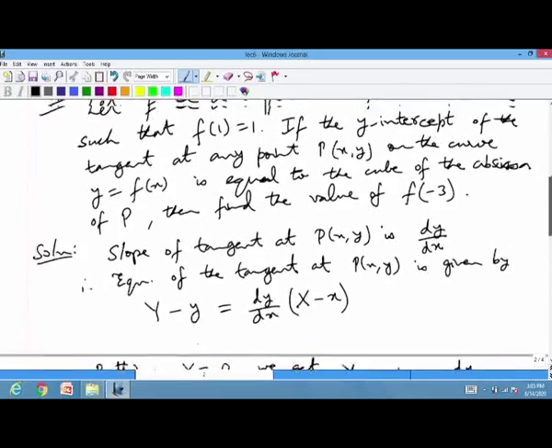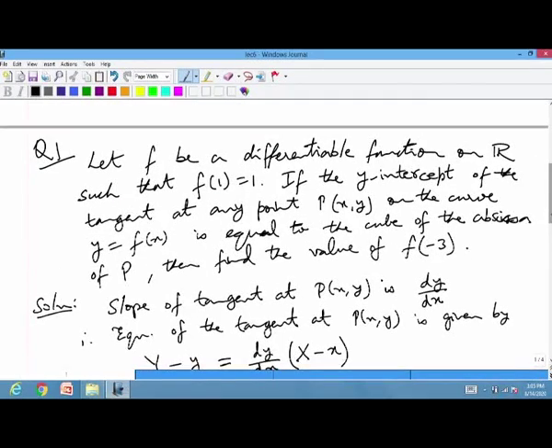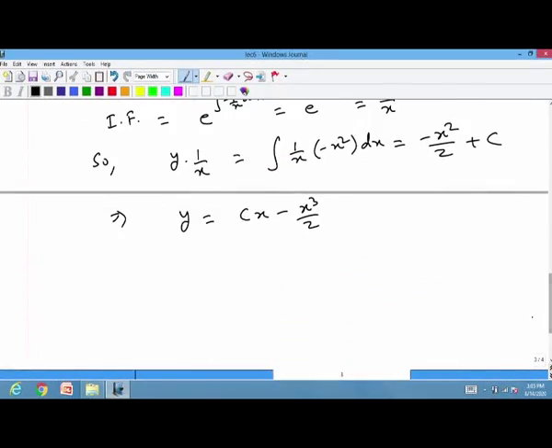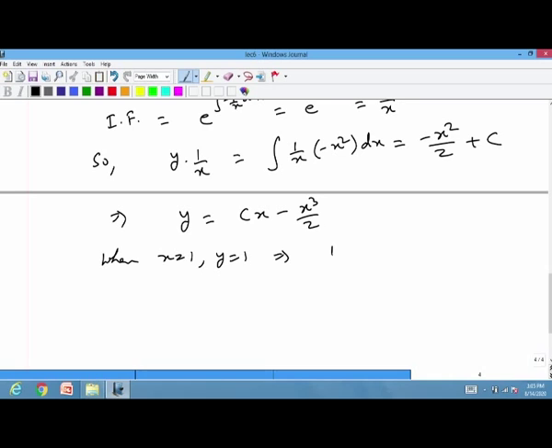Now, we are given that f of 1 equal to 1. So, when x equal to 1, y equal to 1, this implies 1 is equal to c minus 1 by 2, which implies c is equal to 3 by 2. Therefore, y, which is f of x, is 3 by 2 x minus x cube by 2.